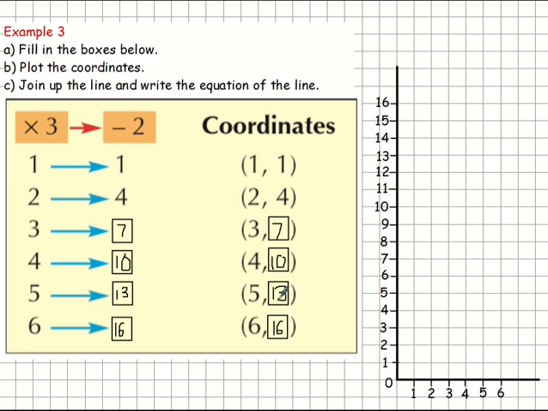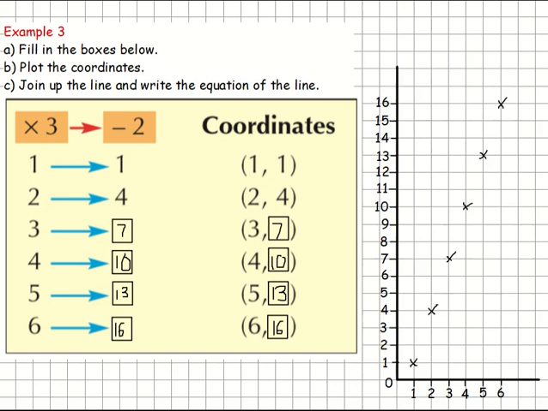And this should give you a nice straight line. Let's have a look. 1, 1. My first coordinate. 2, 4. 3, 7. 4, 10. 5, 13. And 6, 16.